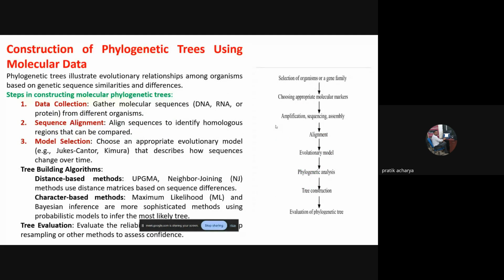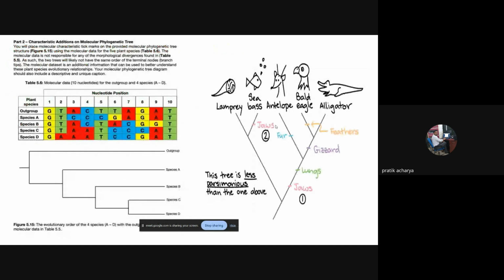So what are the basic steps for the formation of a phylogenetic tree? The basic steps include three things. The first one is data collection. The second one is sequence alignment. The third one is model selection. Data collection means if we are talking about any organism, we have to collect the data first.